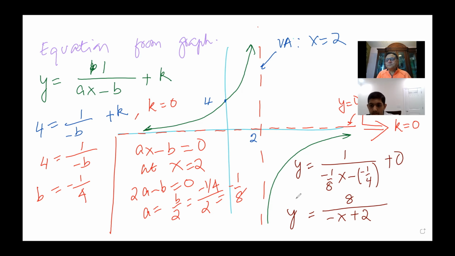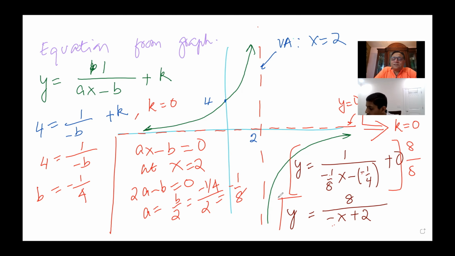Why did you multiply the equation by 8 though? Common denominator. If you look into this particular equation, minus 1 over 8x and minus 1 over 4, they are fractions in the denominator, right? So to make it simpler, I will multiply the whole equation by 8 on the top, 8 by 8. You see that? So 8 will cancel here, we get minus x. 8 will move to this 2. 8 divided by 4 is 2, correct?